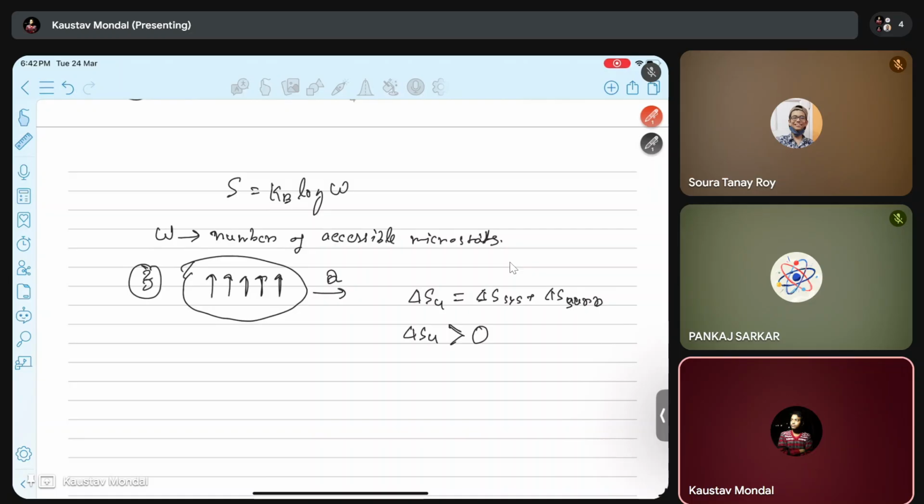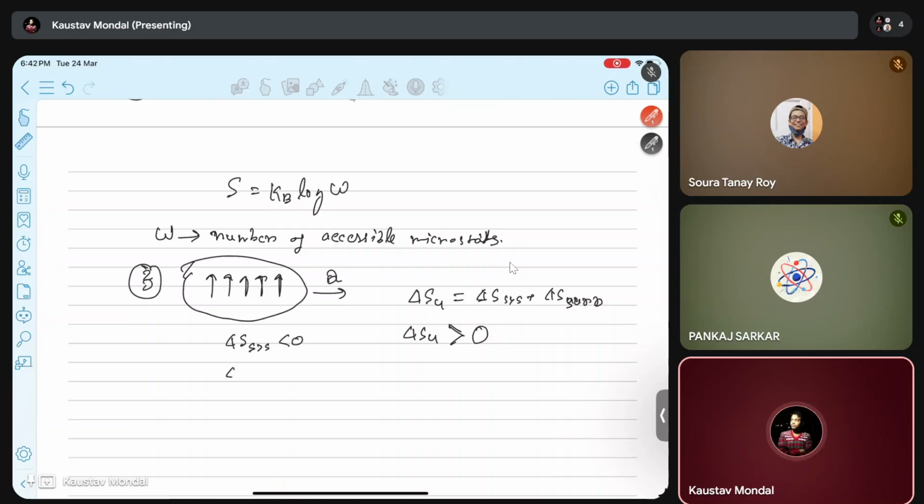In the crystallization process, in the crystal structure, every particle is in an ordered structure, so the randomization inside the system got decreased. That means the change in entropy for the system is less than 0.